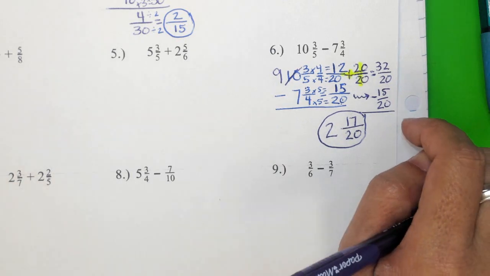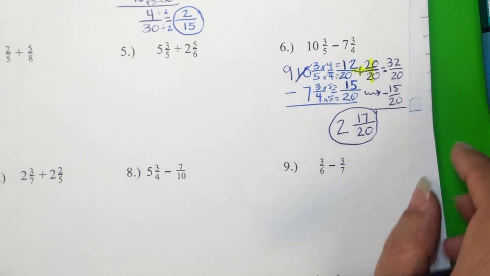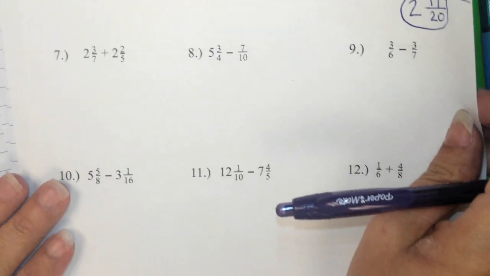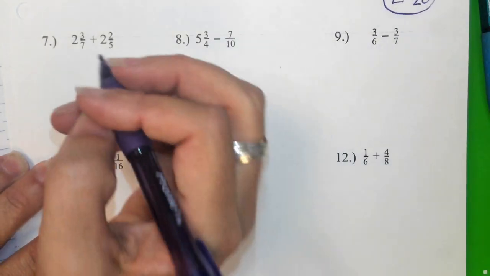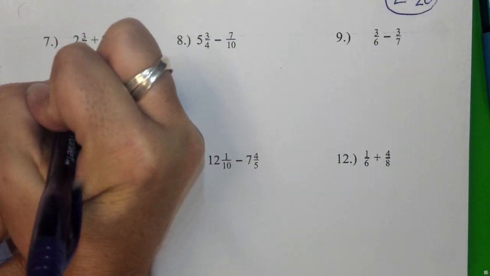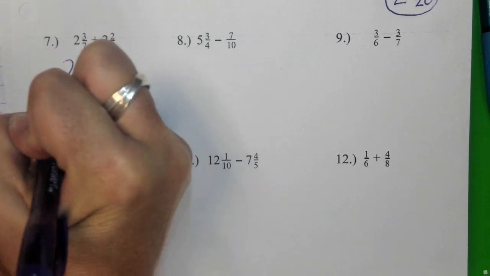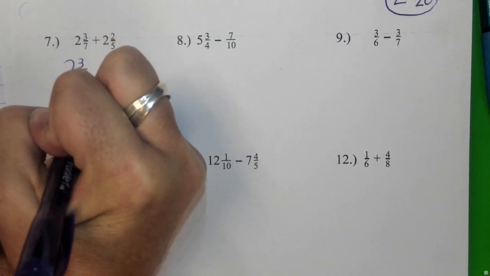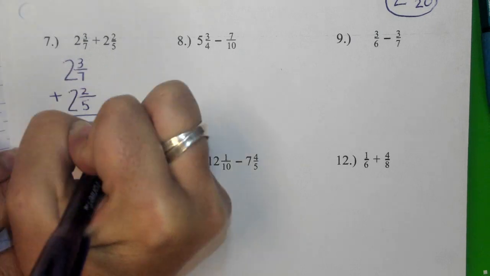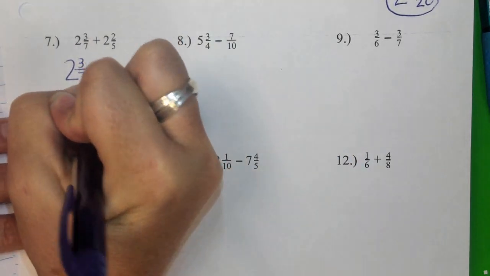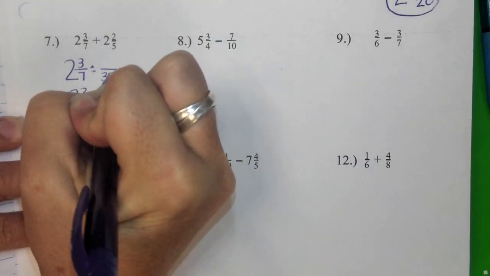Okay. Just doing, I don't know, doing one of the addition ones. I'll go down here to number 7. I have 2 3/7 plus 2 2/5. I'm going to do common denominator of 35.